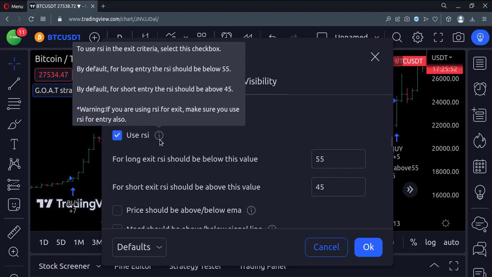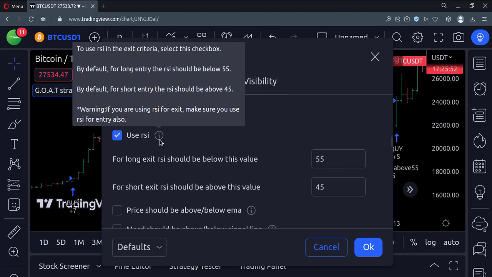Otherwise, we use the RSI only for the stop-loss, and there could be a possibility that while taking a long entry, the RSI could be below the 55 level at the entry point itself. And here we have kept the RSI stop-loss below the 55 level. So our long entry would get immediately hit by this stop-loss. And this way, we may get a series of bad entry-exit pairs. So always remember to use the stop-losses carefully.